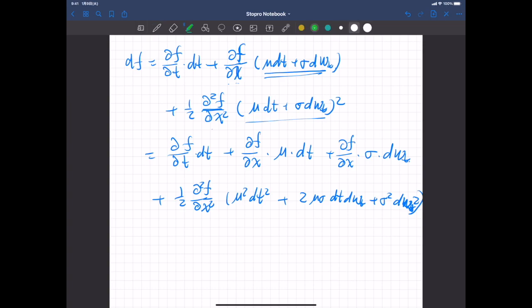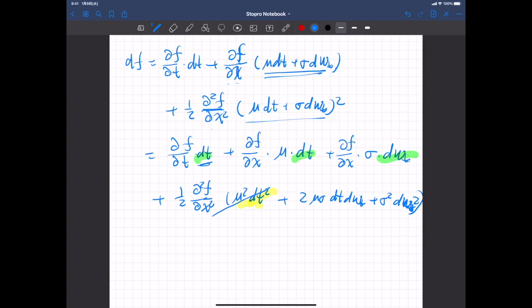We have dt here, and dW here, and we have dt squared here. But this dt squared is very small compared to dt, so we can ignore this term.